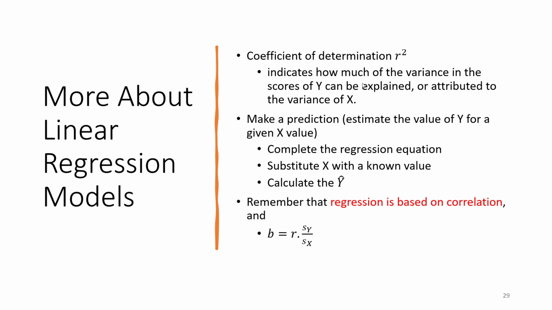As a matter of fact, in simple regression, the squared value of the correlation is called the coefficient of determination. This value indicates how much of the variation in y can be explained by the variation in x.